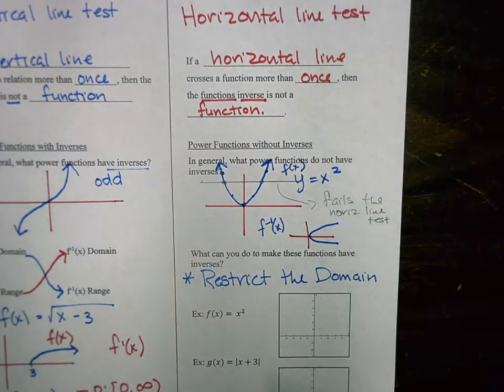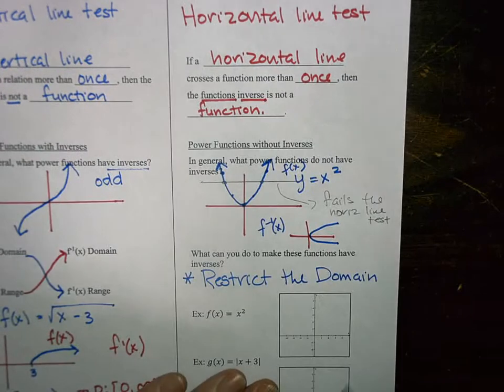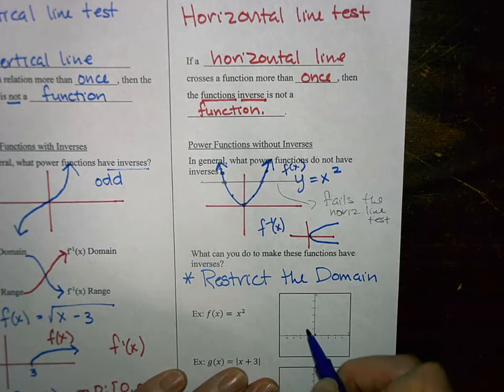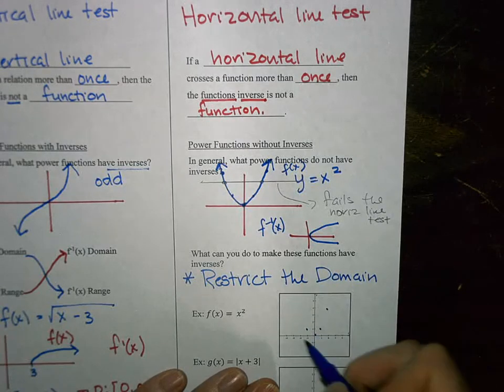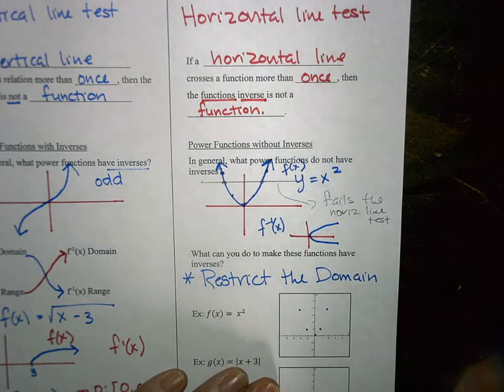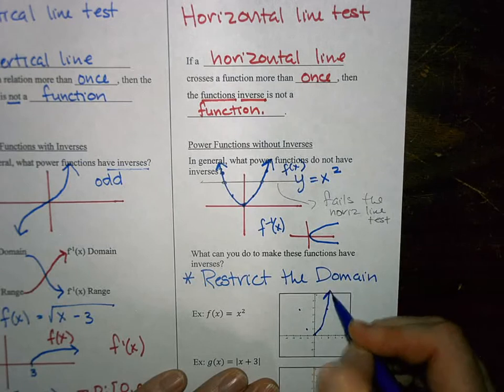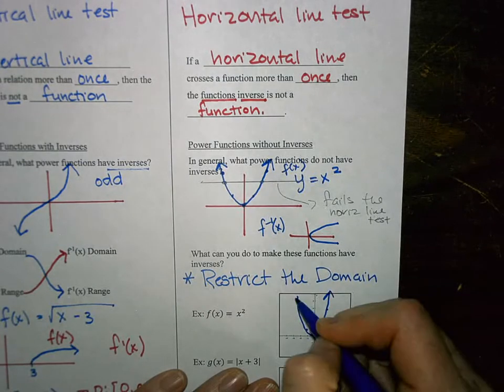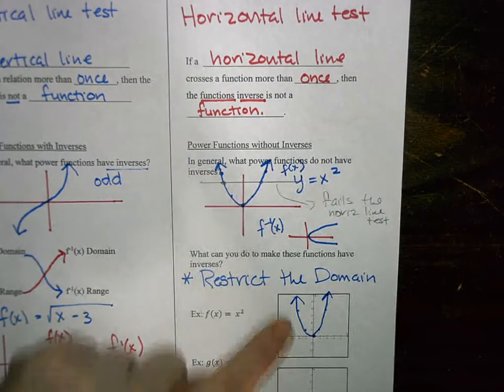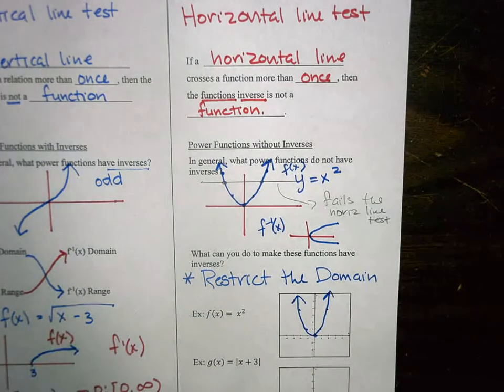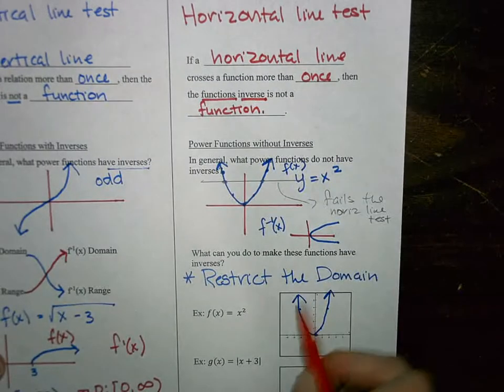Okay, so let's draw y equals x squared. So just sketch this in here, the whole thing. All right, 2, 4, negative 2, 4. Okay, I'm sketching my y equals x squared. Now, if I want the inverse of this function to be a function, this is what I do, and I want you to just do it with me with another color.